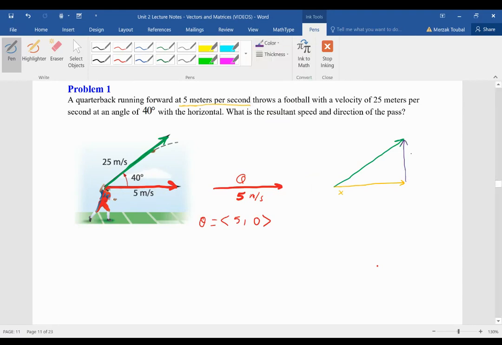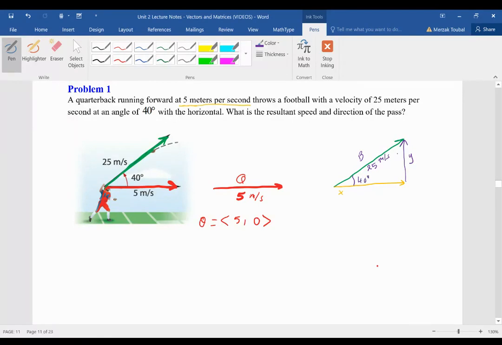Let's call it Y. Now, what's the magnitude of the velocity vector? This is the velocity vector, but it represents the velocity of the ball, so let's label it with B. So this is B, and it's how much? 25 meters per second. Now this angle is 40 degrees.